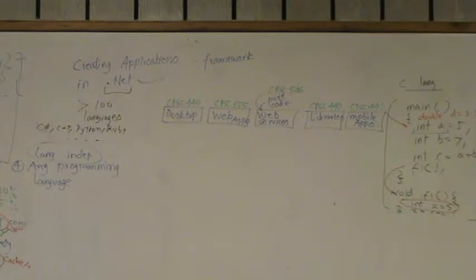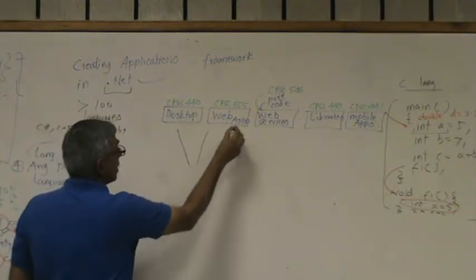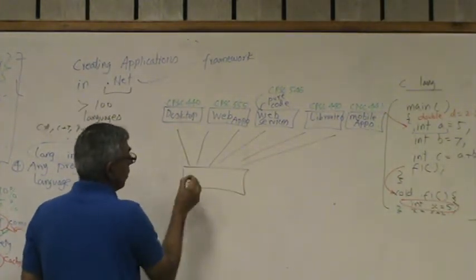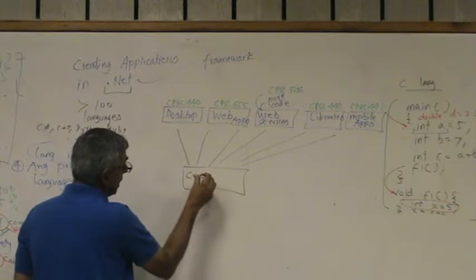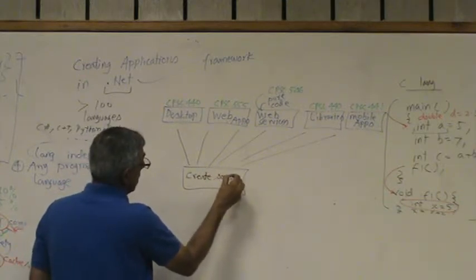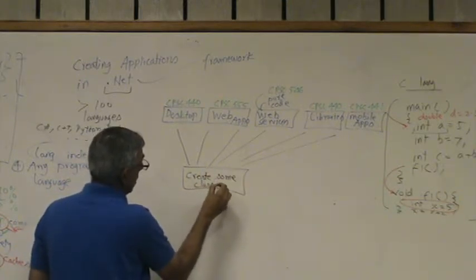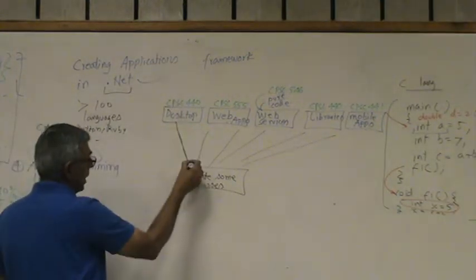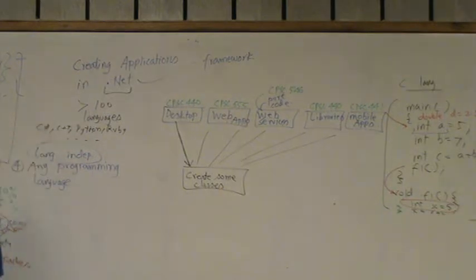So you can pick any language. They're all equal citizens, okay? As you create an application, doesn't matter which one of these you are creating, of course you will create some classes. If you picked C# and wanted to create a desktop application, you'll end up creating 10, 20 different classes, right?